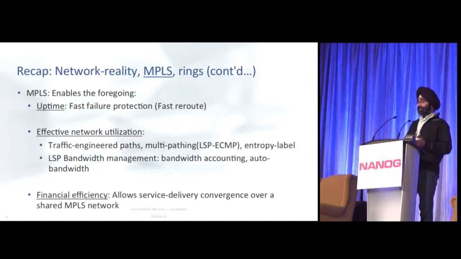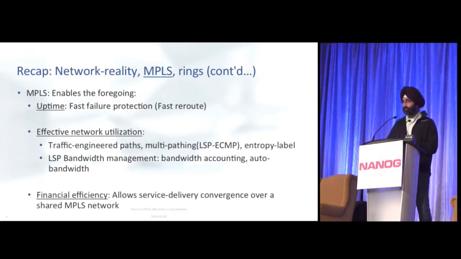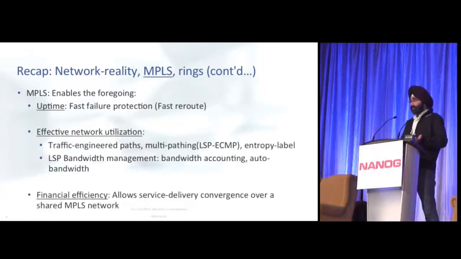And in regards to financial efficiency, if you're running a large core network, by running an MPLS core, and by deploying various services like layer 3 VPN or VPLS or EVPN over the shared MPLS core, by utilizing the single network there, there is financial efficiency to be had.